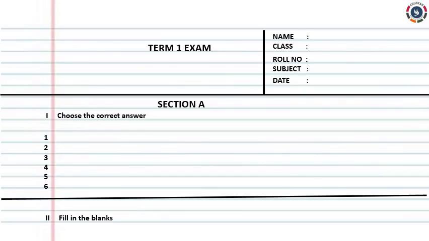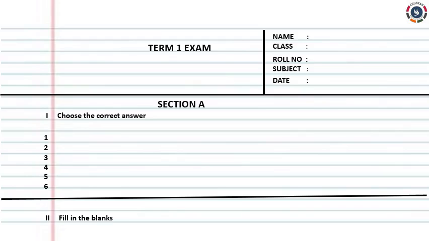No need to write the question. Okay, just mention the Roman number and write the question number alone. No need to write the question. Write only the answer. Use only a blue pen to write the answer.